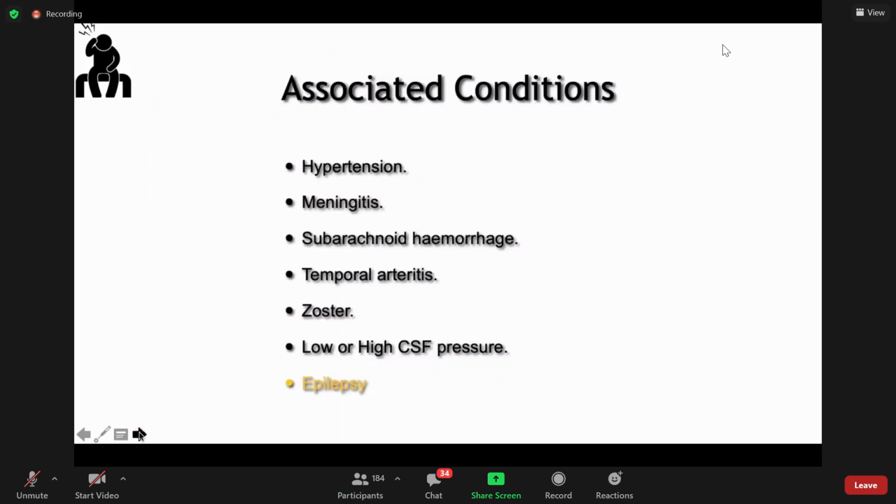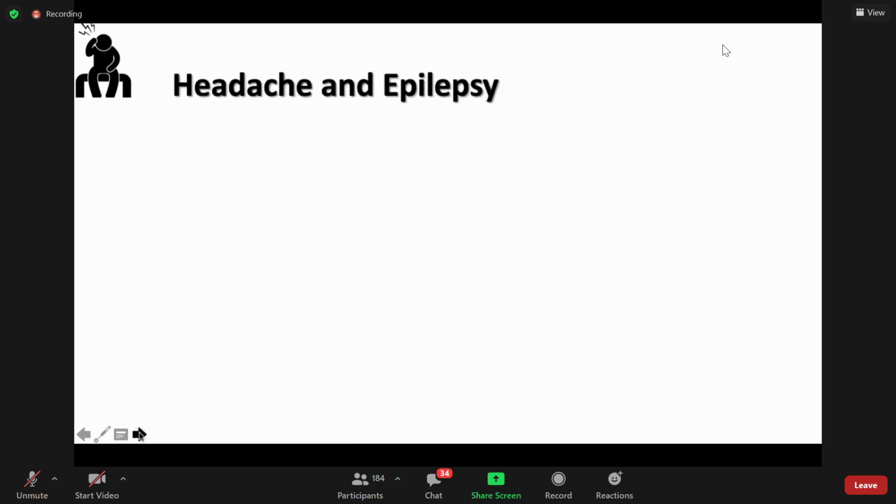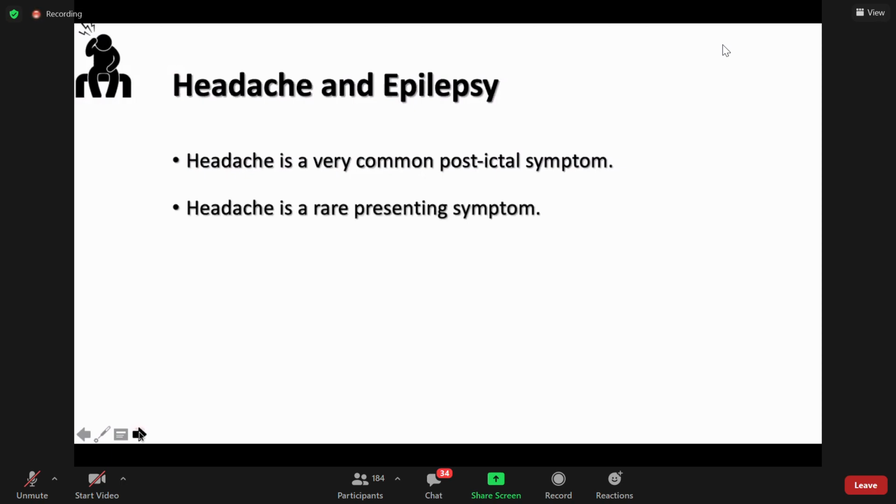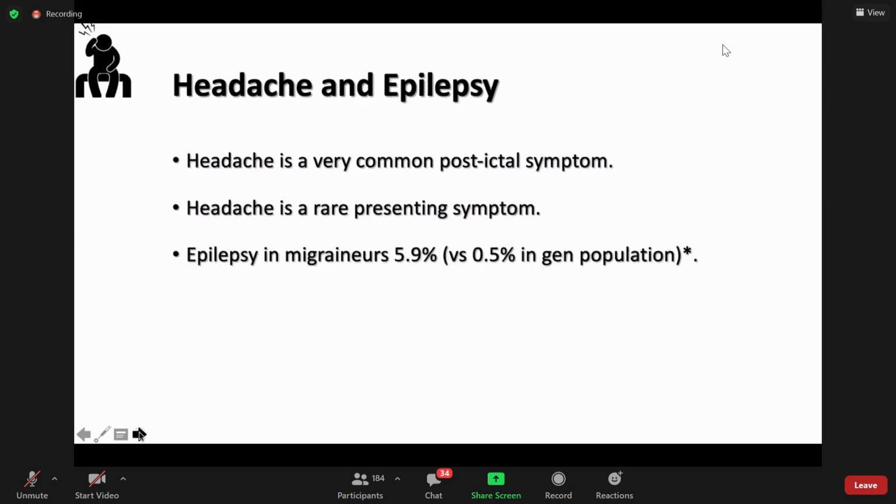Now, the last one of the associated symptoms with headache is epilepsy. We know that headache is a very common post-ictal symptom, and headache is rarely the presenting symptom of epilepsy. And epilepsy happens in patients who are suffering from migraine. It is about 10 times more frequent than in the general population.